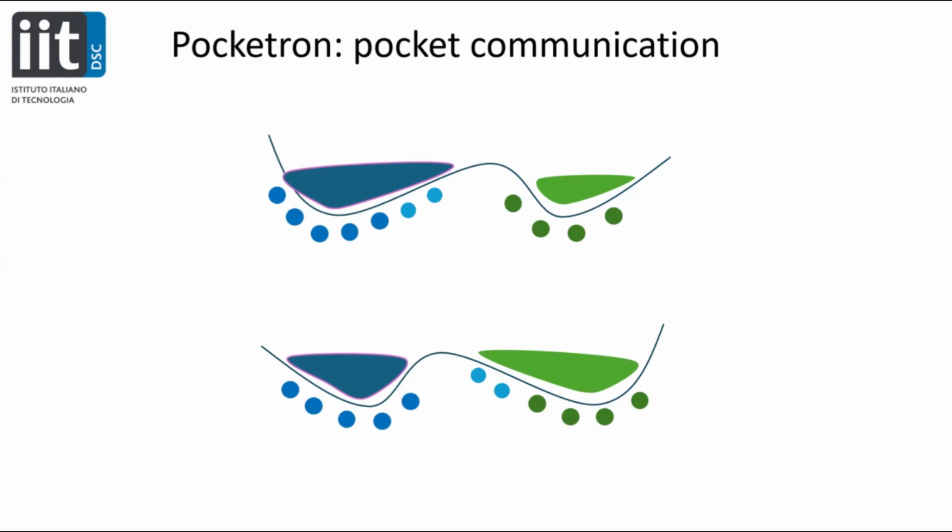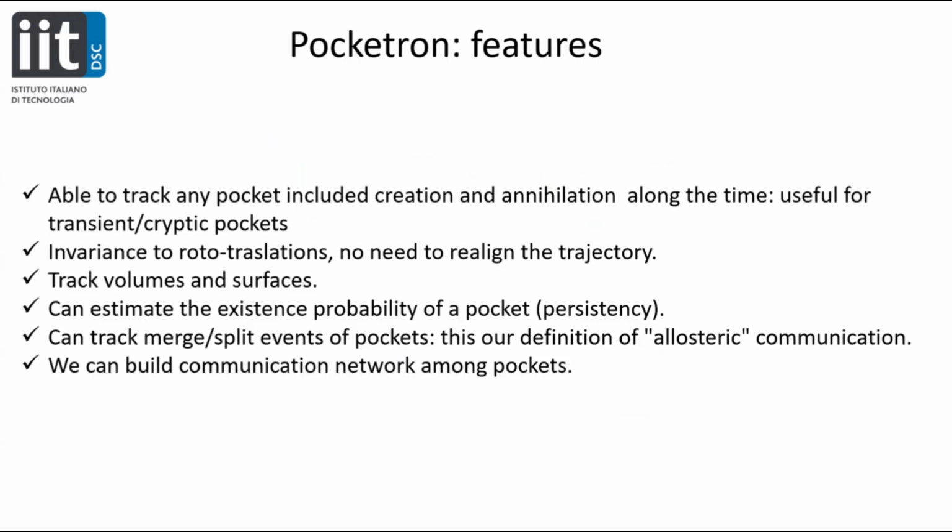It means that they share the residues. The rate at which they share these residues gives you information on local flexibility. So this is the definition we gave of communication, and this allows you to build these communication networks inside your proteins.